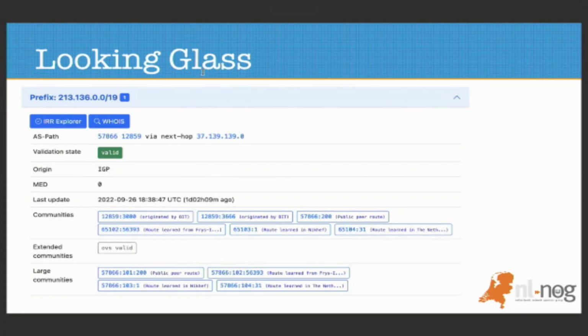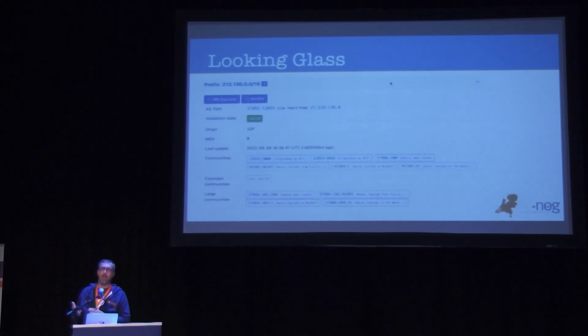And one cool thing we added is that we try to keep track of what communities mean. So in this example, it's not that readable, unfortunately. The blue boxes with communities next to it show the community numbers, for example 12859:3000, but also a description: originated by BIT.